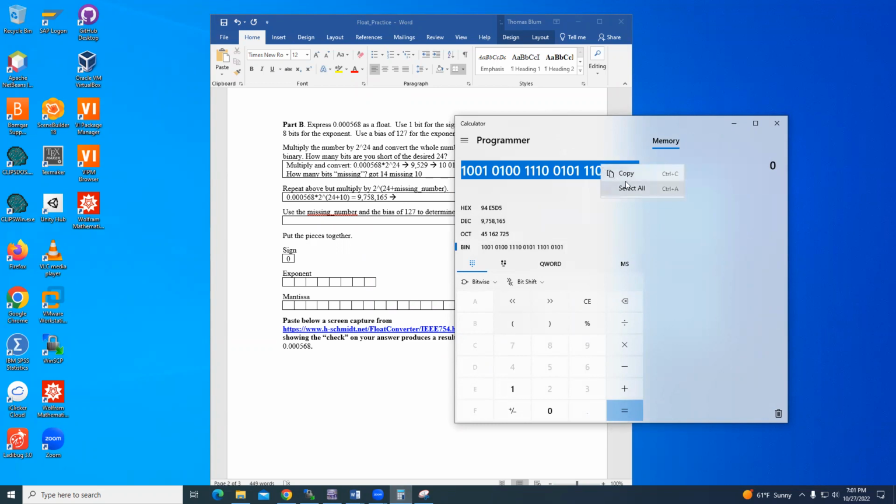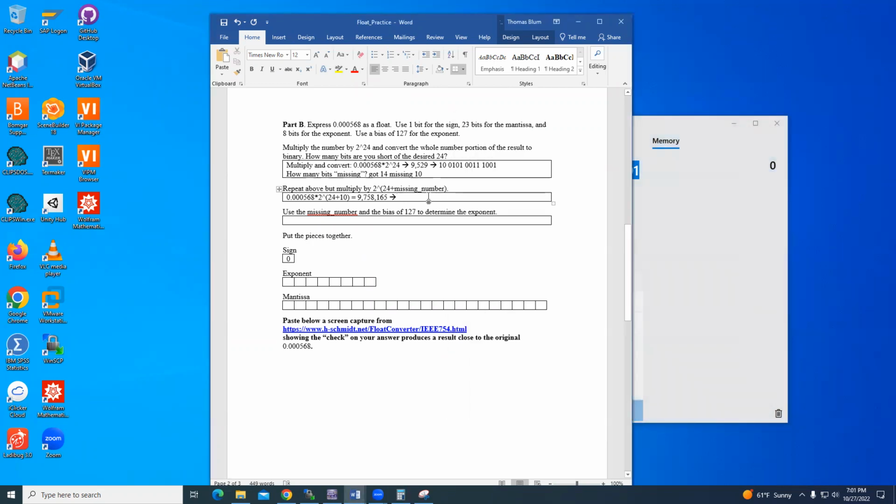And that should be 24. That was my goal, to get 24 bits. And there they are. Okay, what did I have in the beginning? I want to copy this. That's what I got from my first go round up here. And remember that this number is less than 1, so it's 0 point. And then I was missing 10. 1, 2, 3, 4, 5, 6, 7, 8, 9, 10, and then the number.